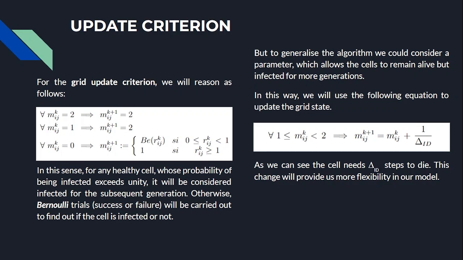Otherwise, we will do a Bernoulli trial with each probability of infection. Secondly, if our cell is infected, then we define a parameter delta, which indicates the number of steps in which the cell remains infectious. After that, the cell dies. Lastly, cells that have died are not recovered.